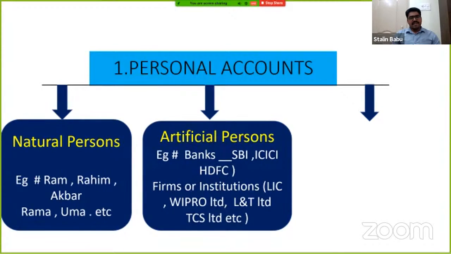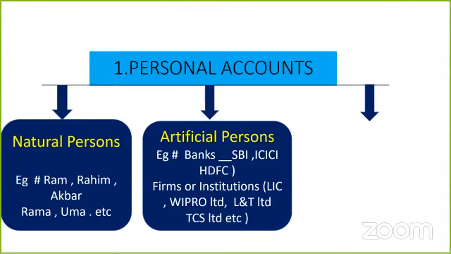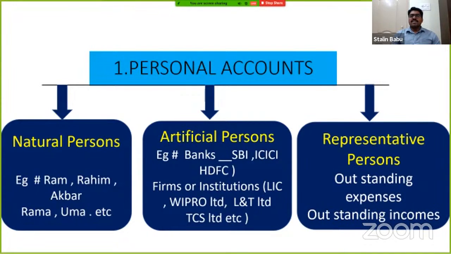Personal account is classified into three types. One is natural person, the second is artificial person, and finally the third one is representative person's account. This representative personal account deals with outstanding expenses and outstanding incomes.